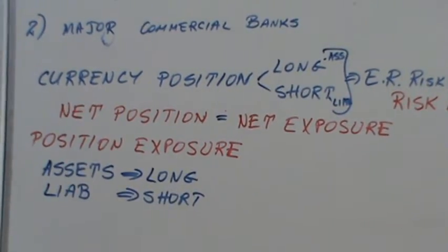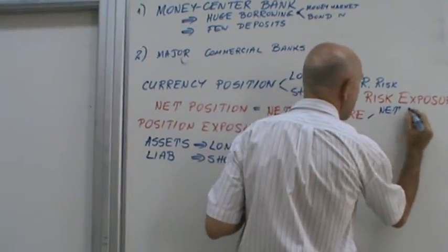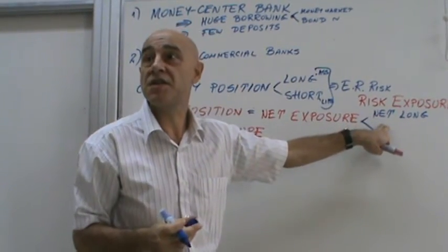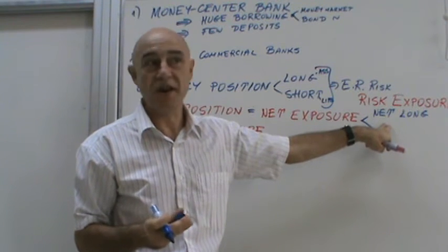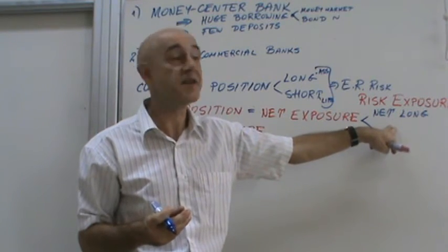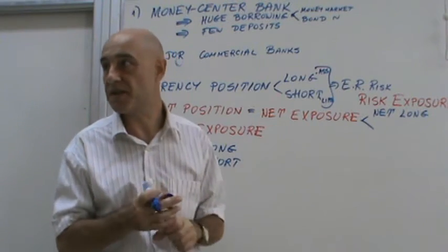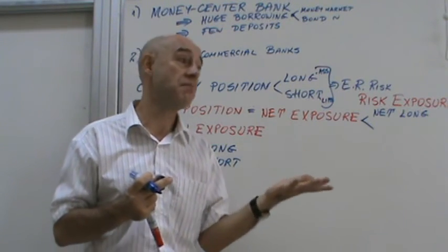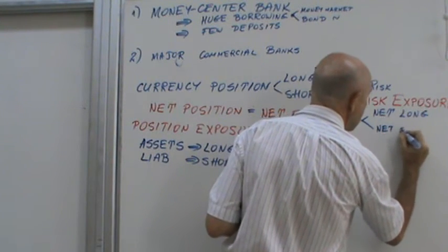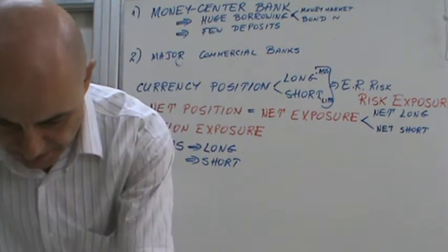So the net position or the net exposure would be net. Net means assets minus liabilities. Net means subtracting liabilities from assets. Net means counting both assets and liabilities. Liabilities you count with a minus sign. So net exposure could be net long, could be net short.